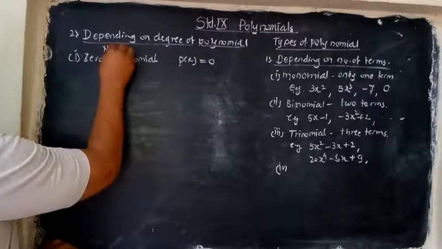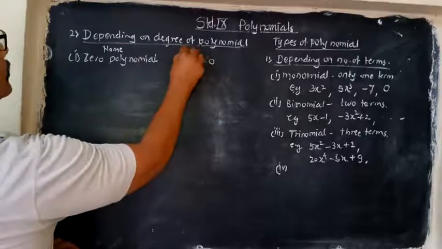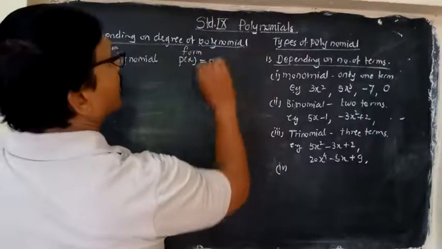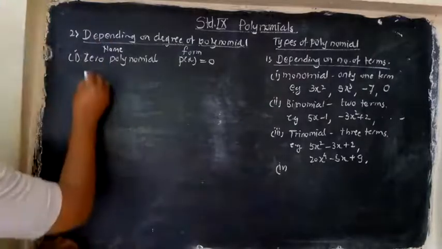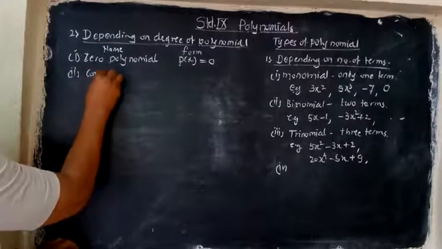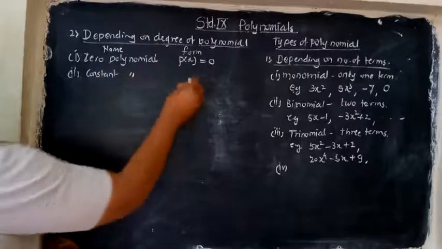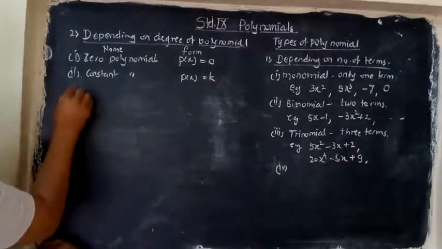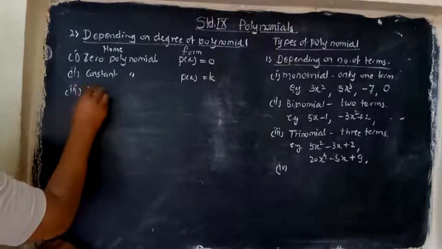Name, form, and number of terms. Let's see. Zero polynomial. Second is the constant polynomial. A constant polynomial is of the form px is equal to k. Third is the linear polynomial.